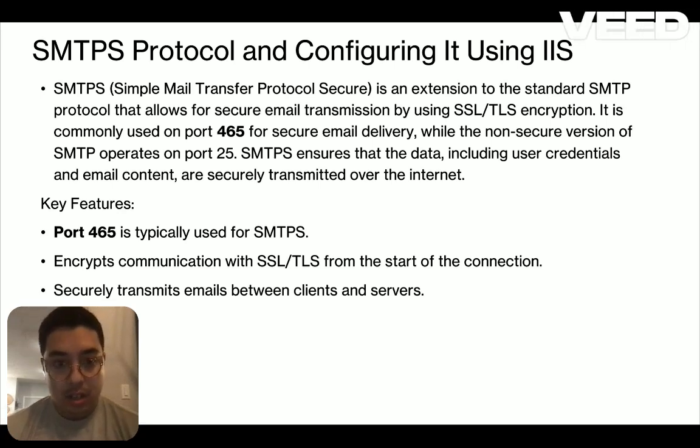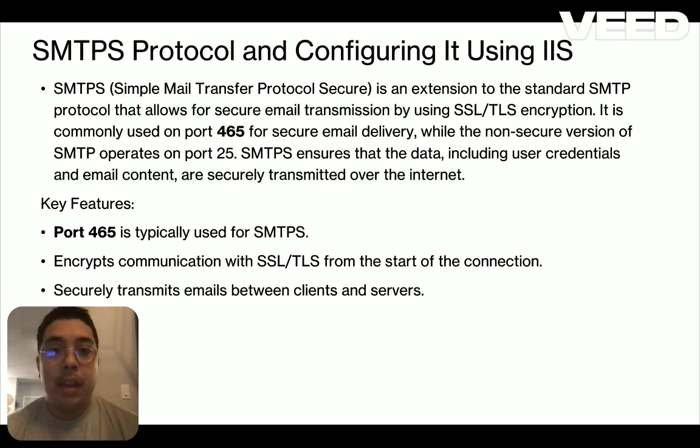It ensures that email transmission between servers and clients remains encrypted. So it's another really good way to secure email usage, and we know how important that is nowadays, since a lot of communication is through email.